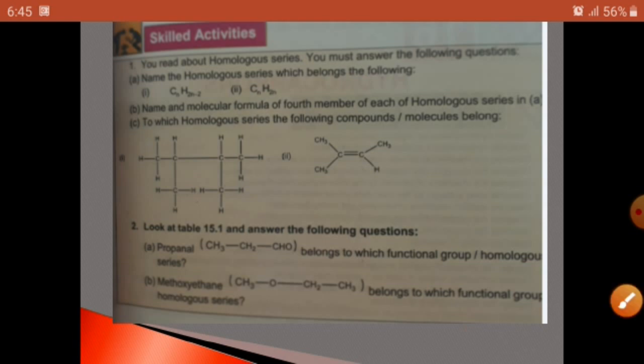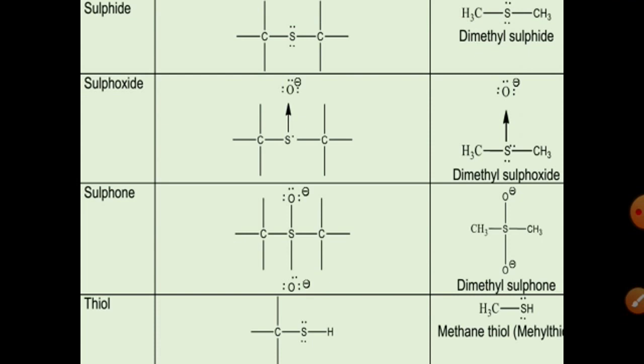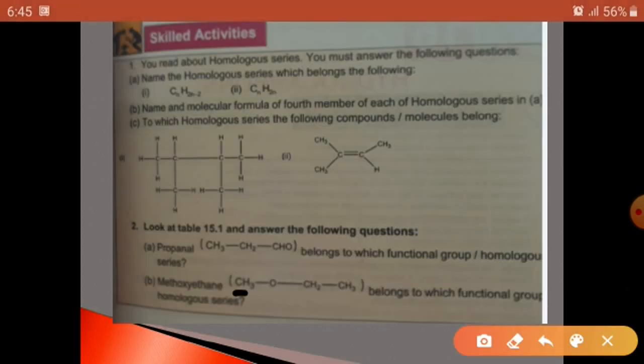Here one CH3 is present and on the other side an ethyl group is present. So its IUPAC name is methoxy, here this is methoxy and here it is ethane. Methoxyethane, and it represents ether. It belongs to the ether functional group or ether homologous series.